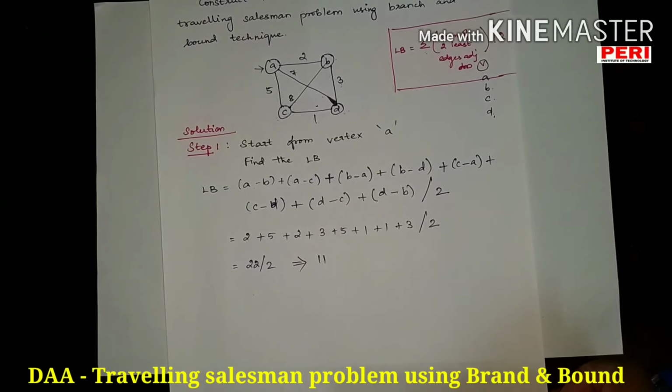Similarly for B, what are all the edges adjacent to B with the least cost? For B, it is B to A and B to D, the two least cost edges. So here also you have the same thing. Since this is actually a least value, you don't find a difference here. A to B and B to A doesn't make any difference, both are the same. Why? Because it is an undirected graph.